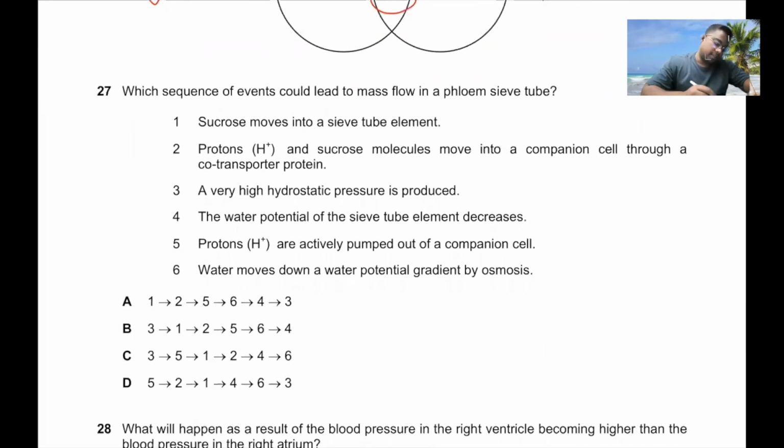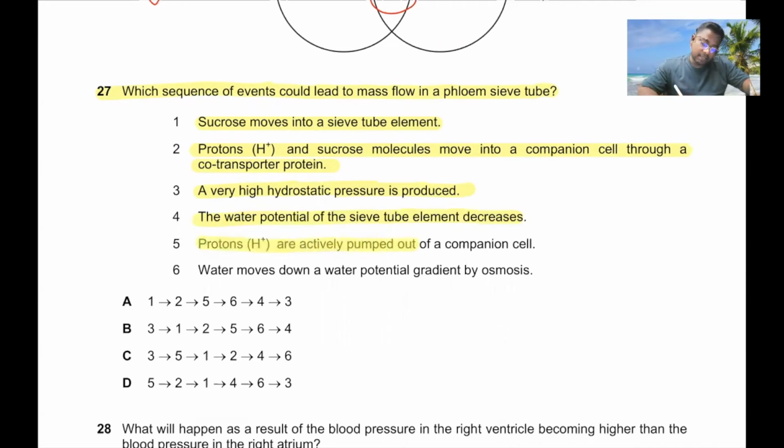Question number 27. Which sequence of events could lead to mass flow in phloem sieve tube? Sucrose moves into phloem sieve tube element. Proton and sucrose molecules move into companion cell through a co-transporter protein. A very high hydrostatic pressure is produced. The water potential of sieve tube element decreases. Okay.